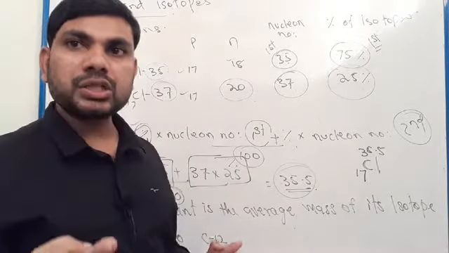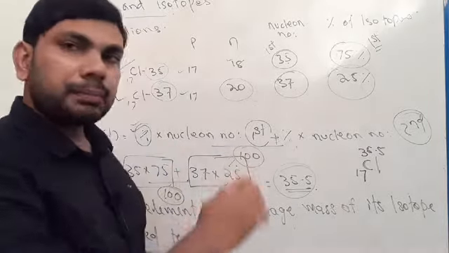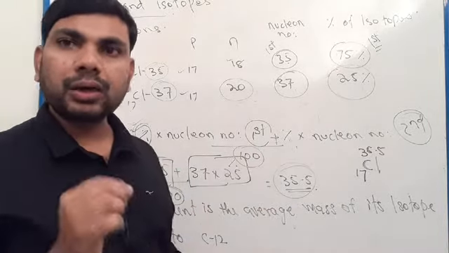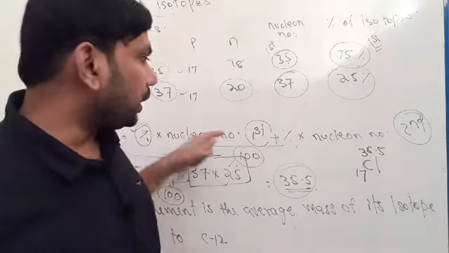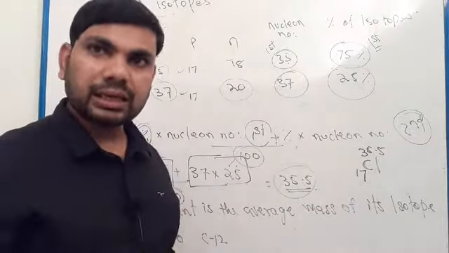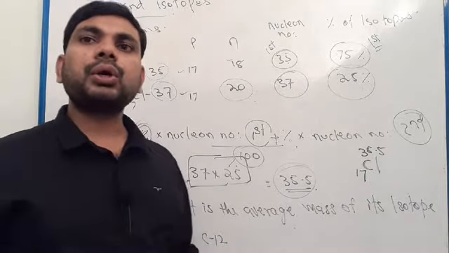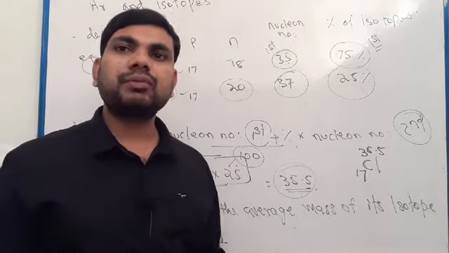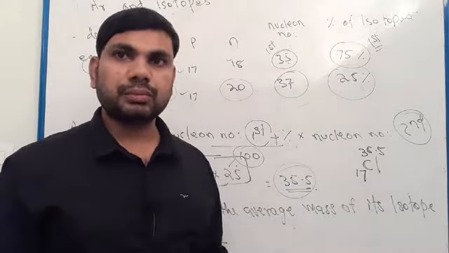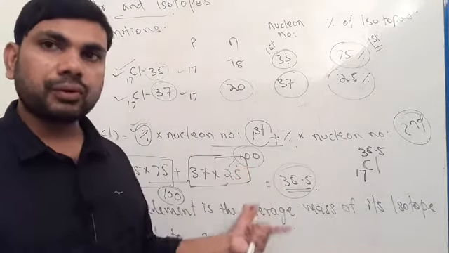If there are 4 isotopes, you continue the same thing and divide by 100. Divided by 100, always the same. Only you have to change over here. For the first isotope, second isotope, third isotope, always you have to do nucleon number times percentage of availability of the isotope. Clear? Now this is the relative atomic mass of chlorine.